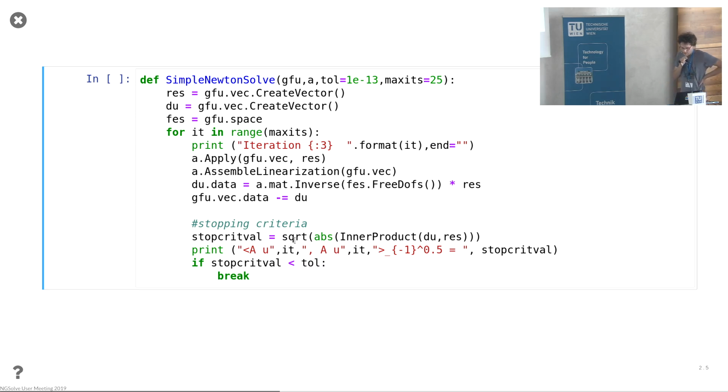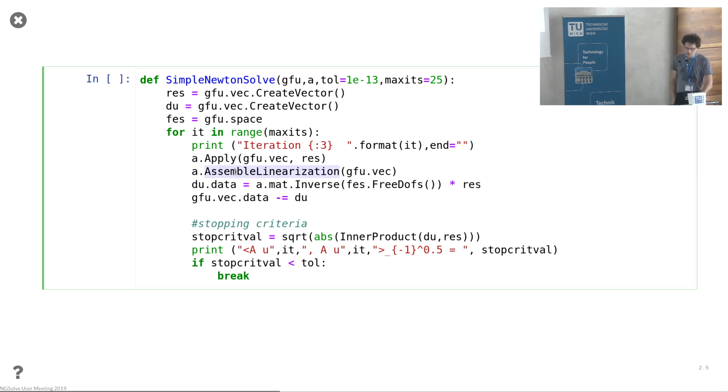And this is a typical prototype implementation. You have a number of iterations. First, what you need to do is you need to evaluate your form given your argument. So you have essentially just a linear form left if you replace the u's with your current values GFU, so that's what you need. This is the apply operation.